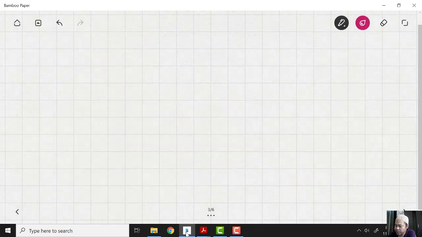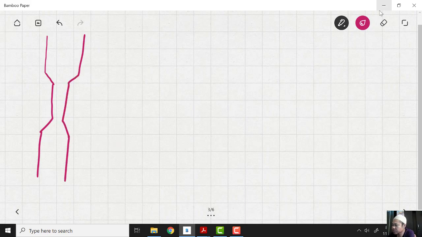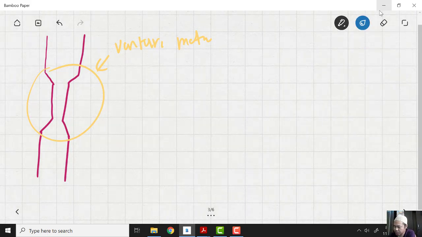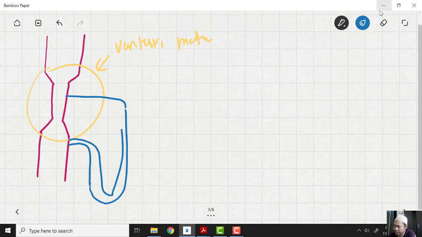If we draw it like this, we have a pipe, and then you find a sudden contraction. The contraction here is the Venturi meter. A Venturi meter is usually used with a manometer, so it is usually connected to a manometer.